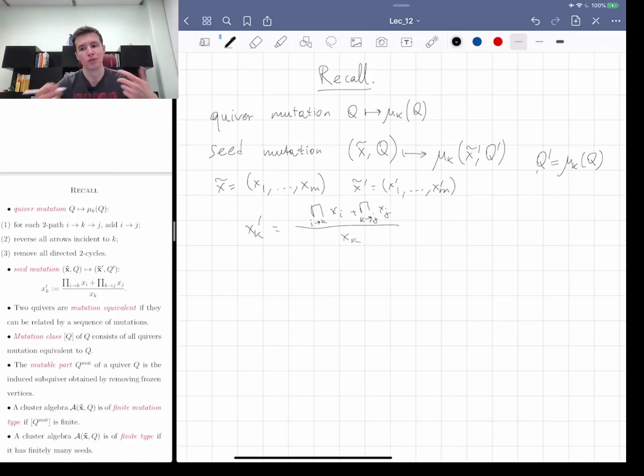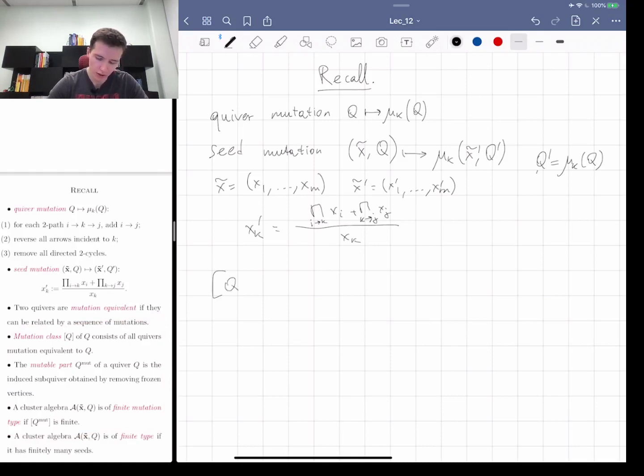And then we were talking about these cluster algebras of finite type. Again, the definitions are on the left, but let me mention them on the right as well.